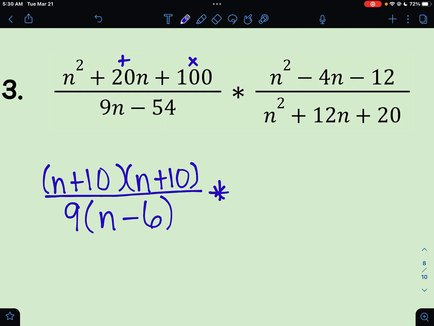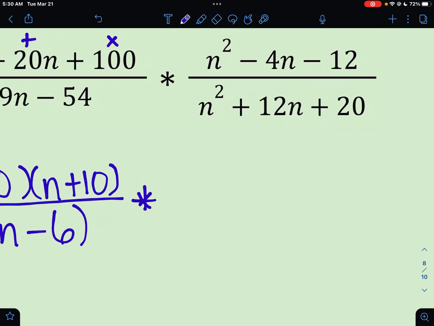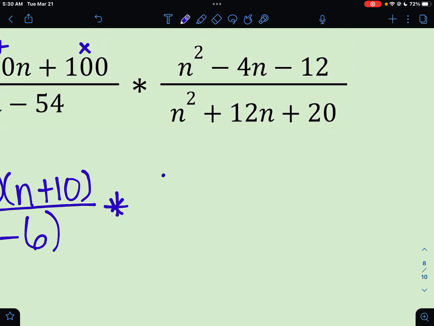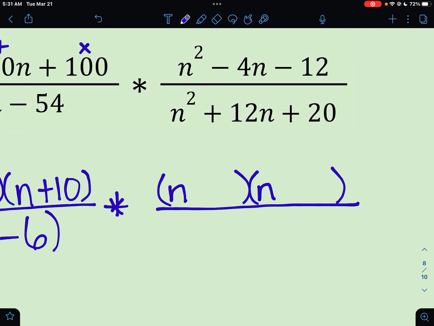I still have to factor the other fraction here. So this one's going to factor like this. And I need factors of negative 12 that add to negative 4. I'm going to go with 6 and 2. I know it's n and n. It's negative 12, so my signs are different.